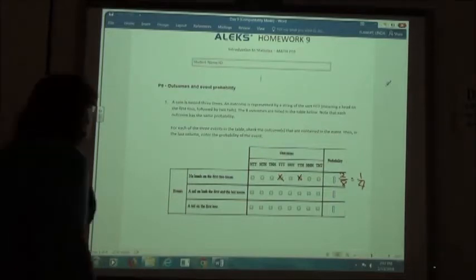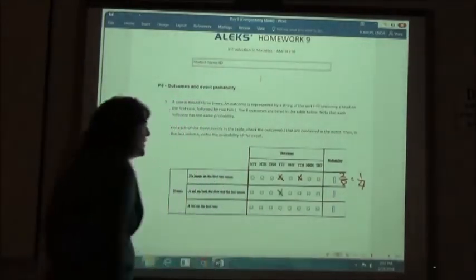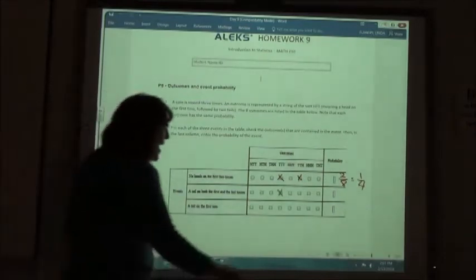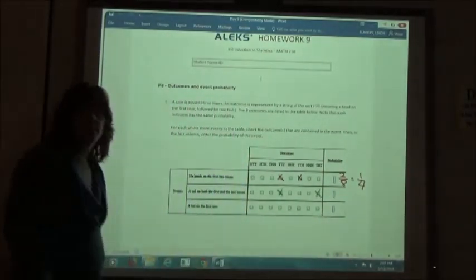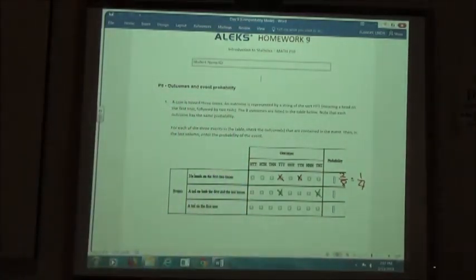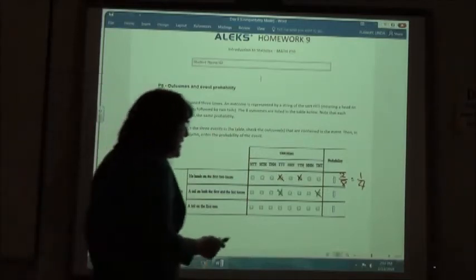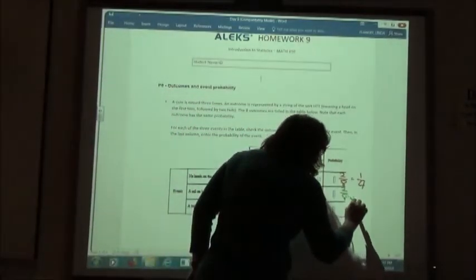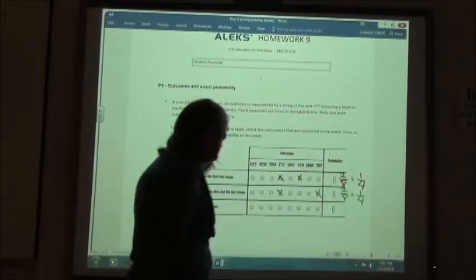The fourth one has a tail on the first and the last. And the last one. Those are the only 2 that have tails on both the first and the last. So again, we've got 2 out of the 8. So 2 out of 8 reduces down to 1/4 for my probability.